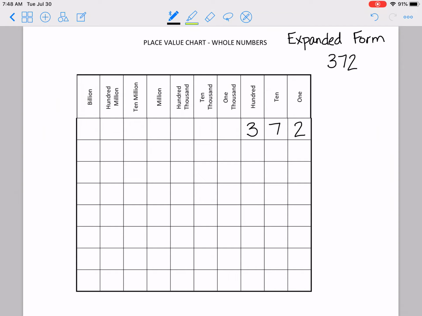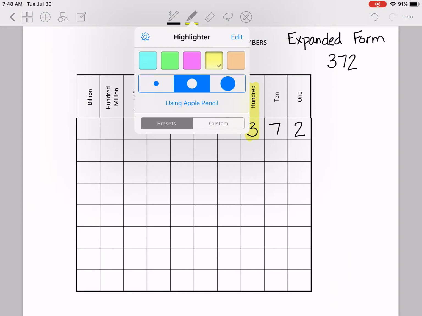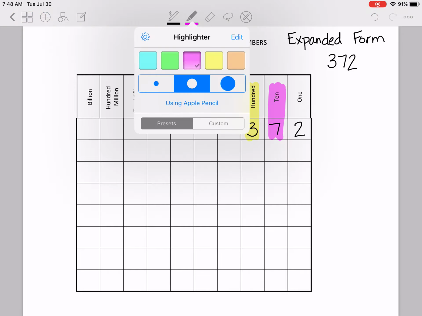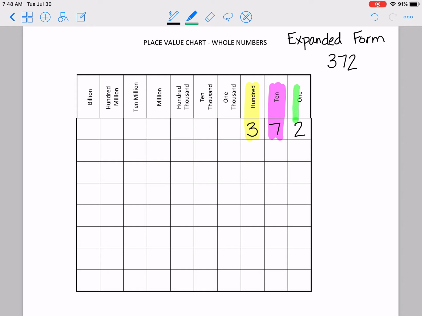Now, when I do this, I can see that my 3 lives in the hundreds place. My 7 lives in the tens place. And my 2 lives in the ones place.